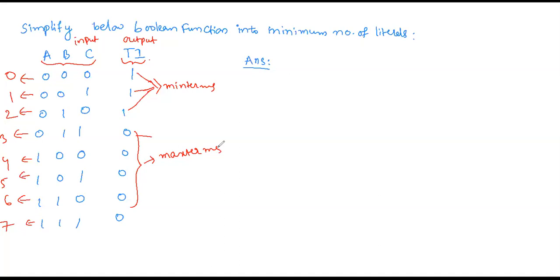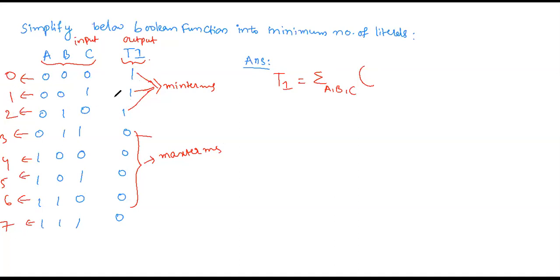Here minterms are few, only 3 are there, so the expression will be small if you write using minterms. So T1 is equal to summation of A, B, C, wherever it is 1, at 0, 1, 2.